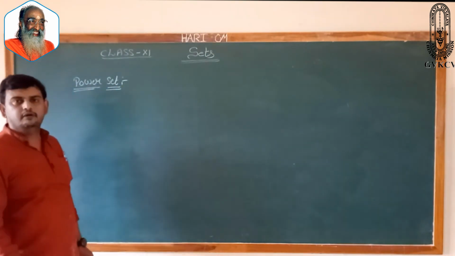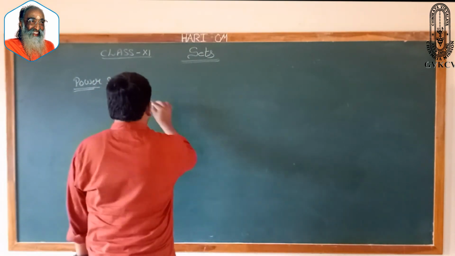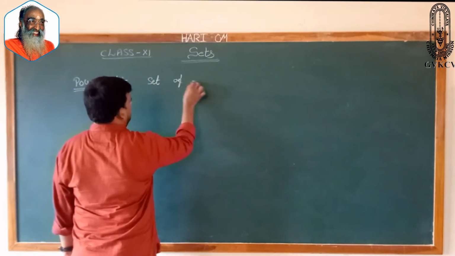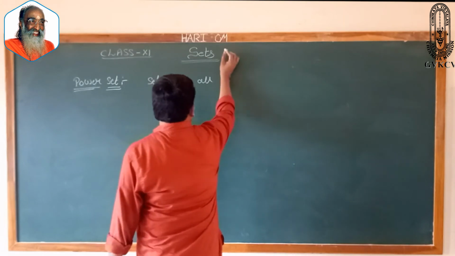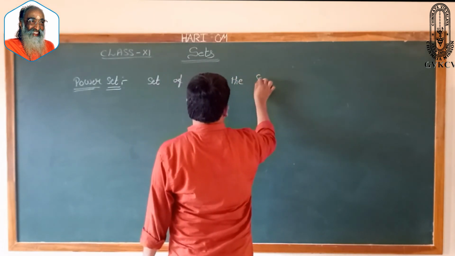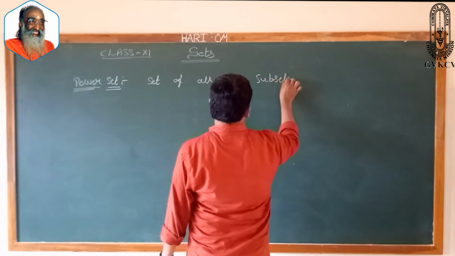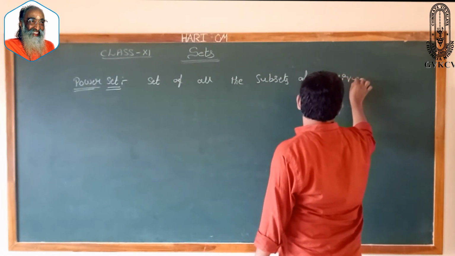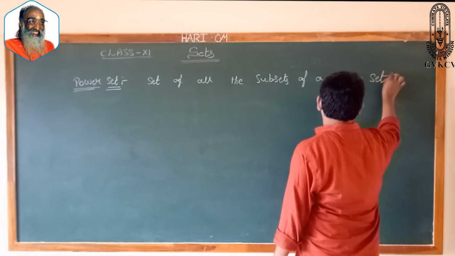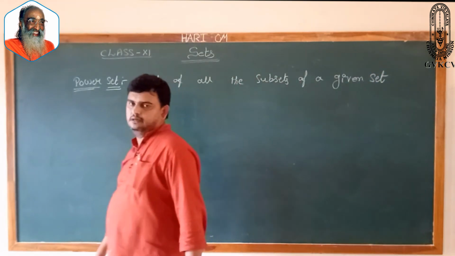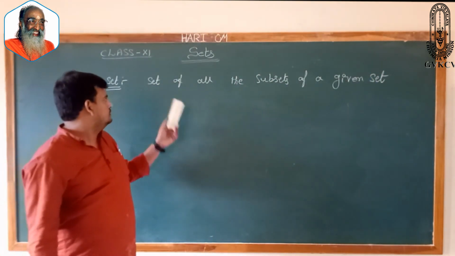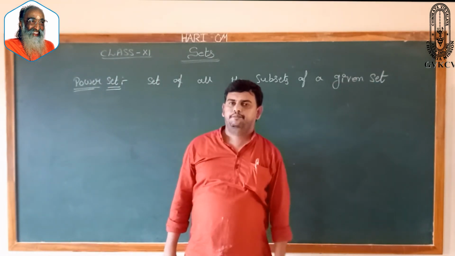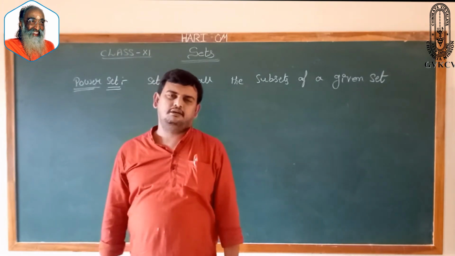Power set, the definition is: set of all the subsets of a given set. Power set means set of all the subsets of a given set.